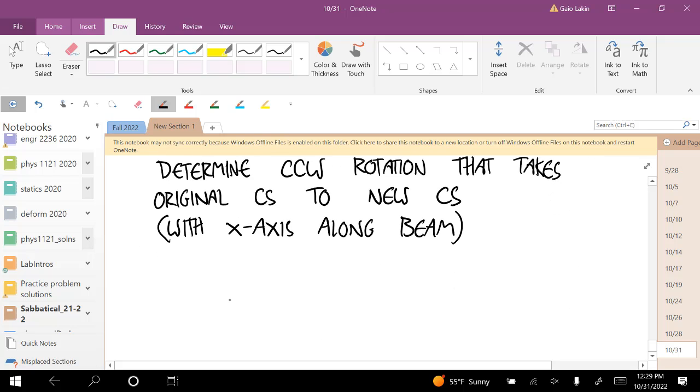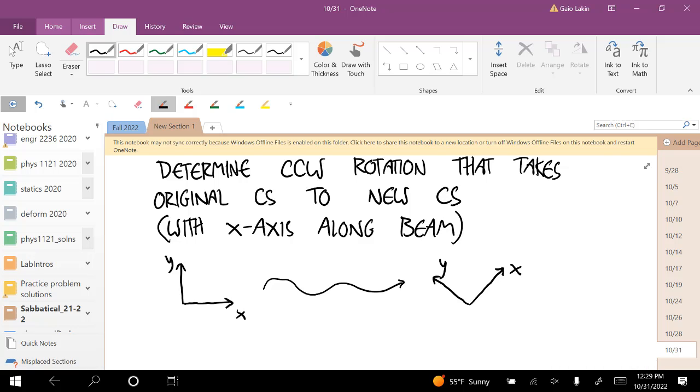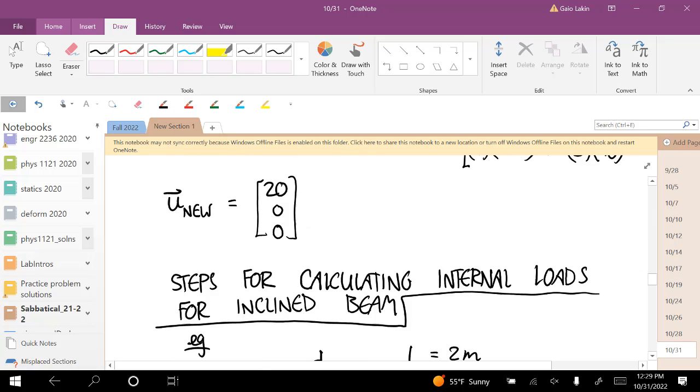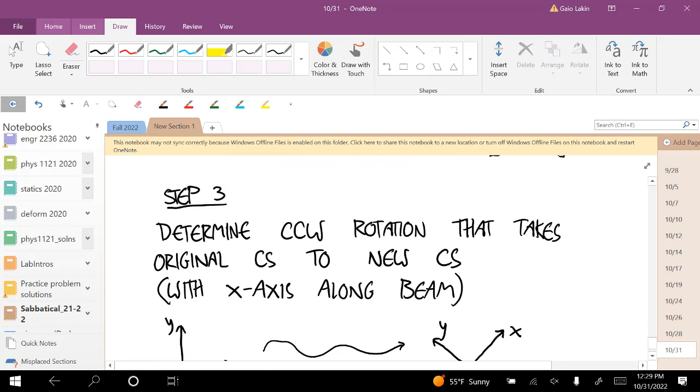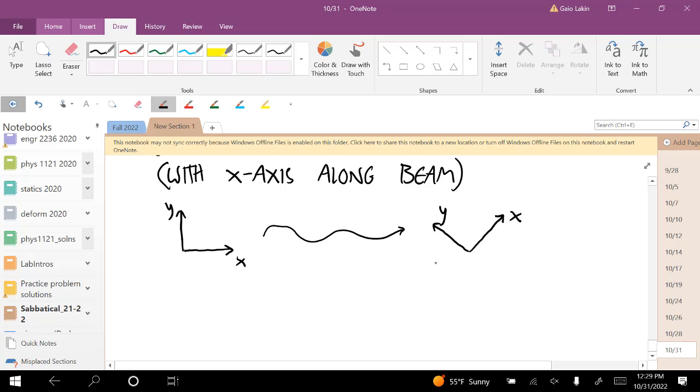Okay, so in this case, we want the counterclockwise angle that goes from this coordinate system to this coordinate system. And what's that angle? 40. So I guess the key thing is to notice that it's positive 40, because it's a counterclockwise rotation. If we had to rotate it clockwise, that would be a negative angle.